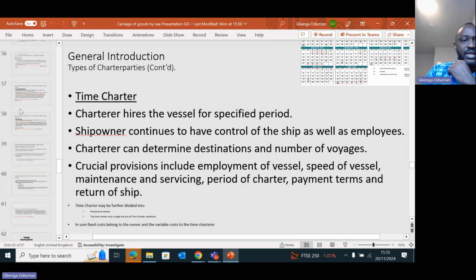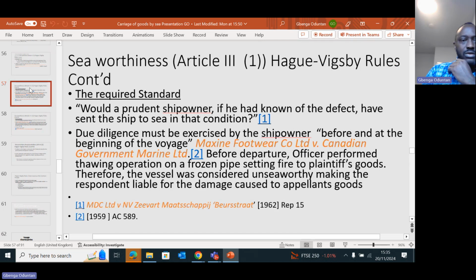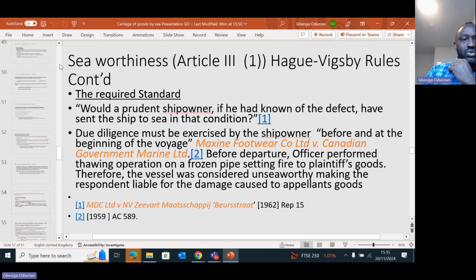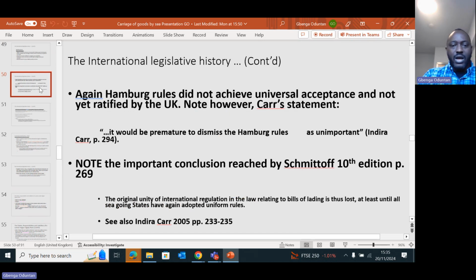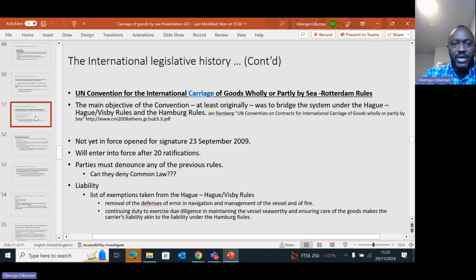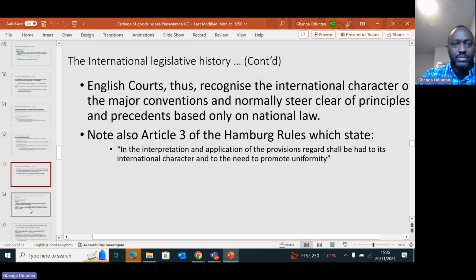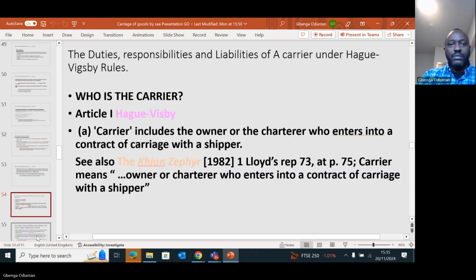I think this is a nice opportunity to move to the issue of the ways by which the duties, or the rules determining the duties and liabilities, of those who engage in carriage of goods by sea, particularly the carrier and the shipper.